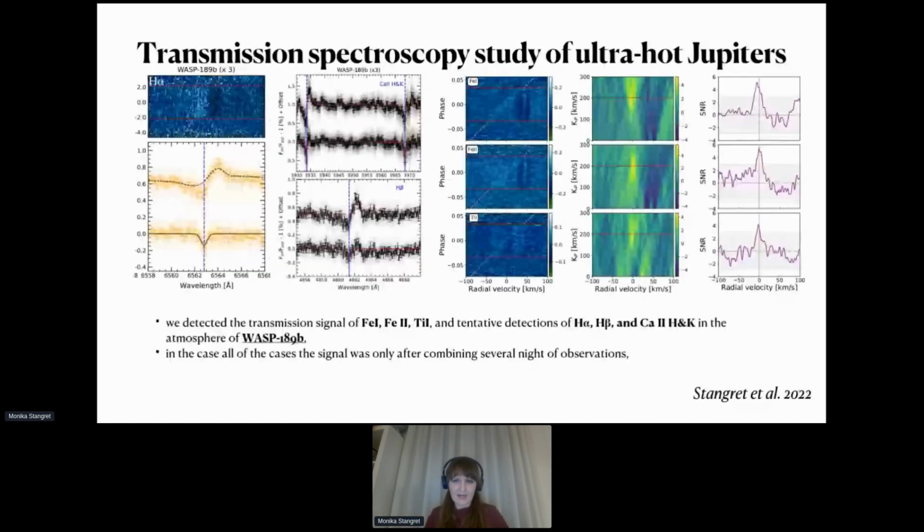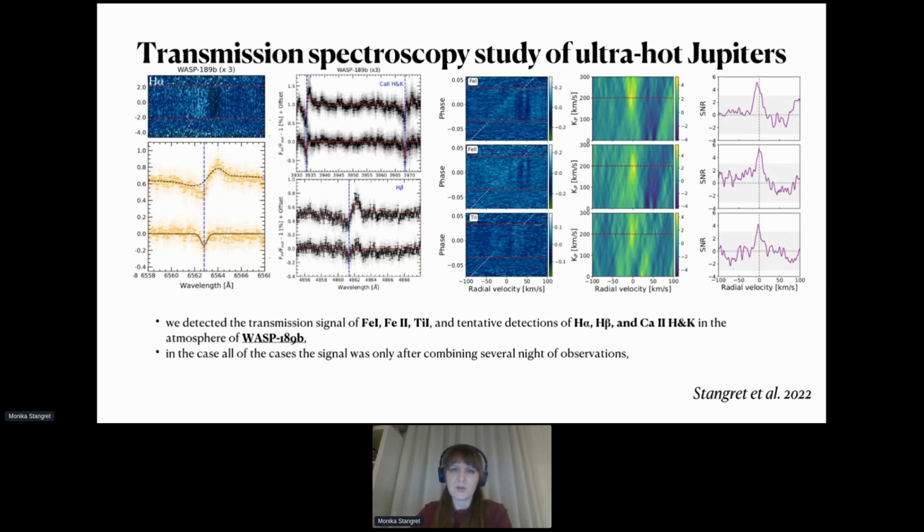Another work that I've done was transmission spectroscopy studies of 6 ultra-hot Jupiters, which I always call problematic planets, because each of the planets shows some problems. And here I'm showing you the detection. We were able to detect the atmosphere only in one ultra-hot Jupiter, which was 189b.